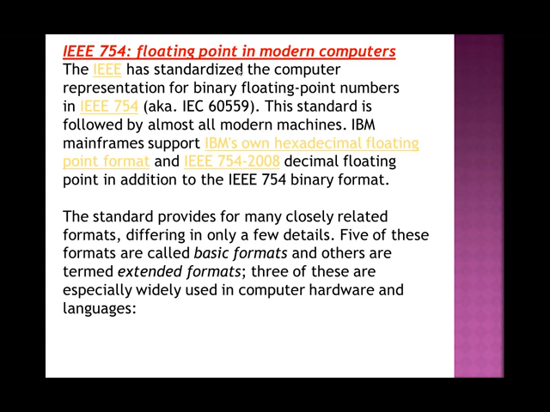For example, IEEE 754 provides the floating point used in modern computers. The IEEE has standardized the computer representation for binary floating point numbers in IEEE 754. This provides various basic formats and various standard formats.